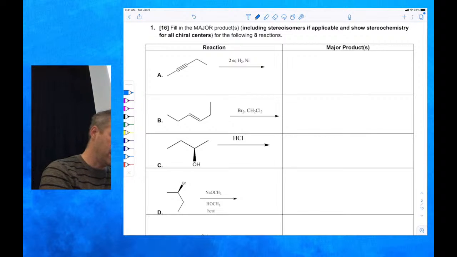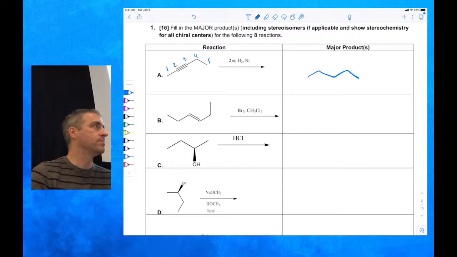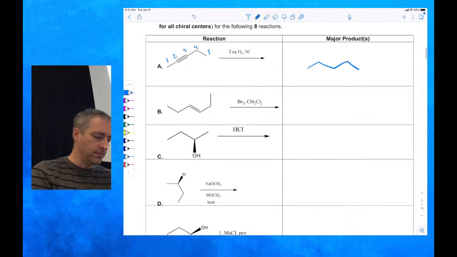So this one has, if you count the carbons, 2, 3, 4, 5, your product should have 5 carbons as well. And it's just a straight chain alkane like that one.